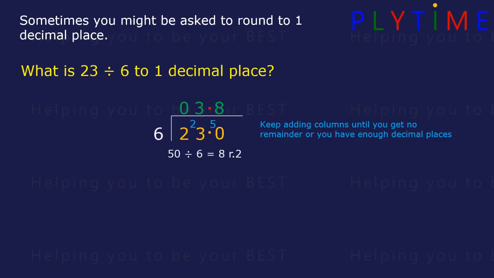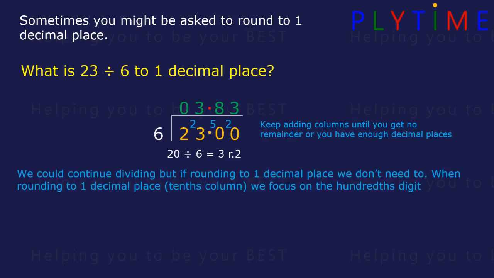We can keep adding columns until we have no remainder or enough decimal places. We add another 0 and the remainder 2. Now 20 divided by 6 equals 3. 3 sixes are 18 with another remainder of 2. We could continue dividing, but if we're rounding to one decimal place, we don't need to. When we're rounding to one decimal place or the tenths column, we just need to go to the hundredths and we focus on the hundredth digit.